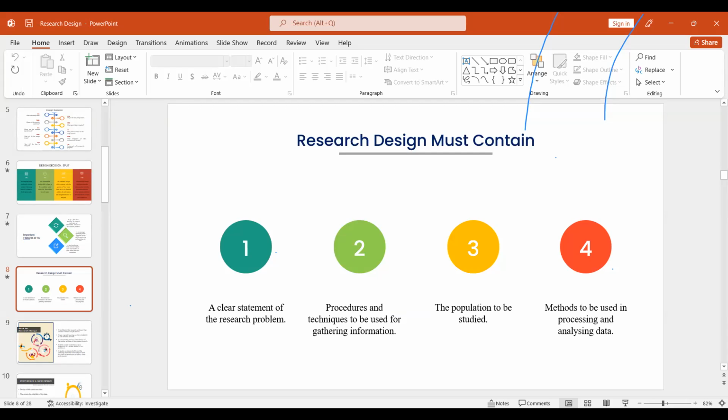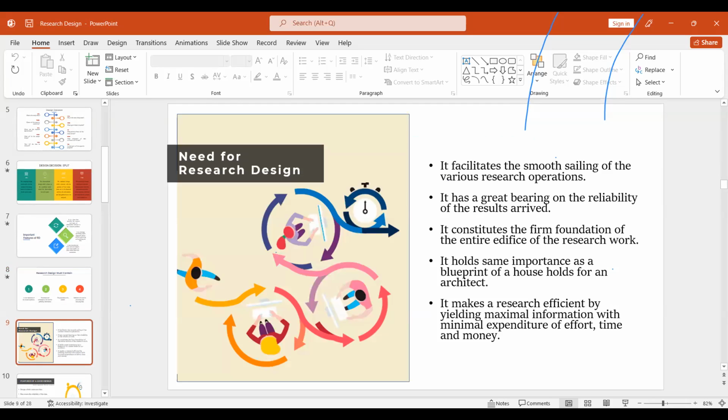So in this case, there is a need for research design. Why is there a need to conduct a design?